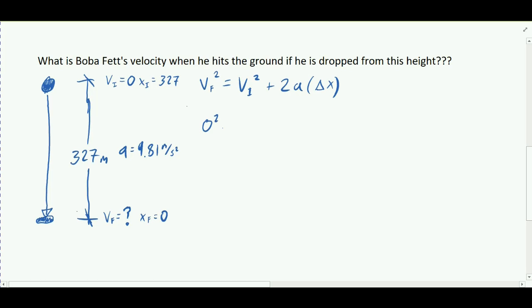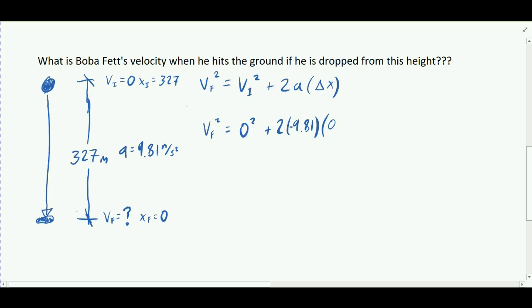VF squared equals 0 squared plus 2 times 9.81 times... Oh, I already screwed up. Once again, I didn't put the negative in the gravity.